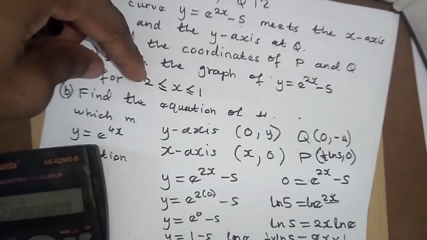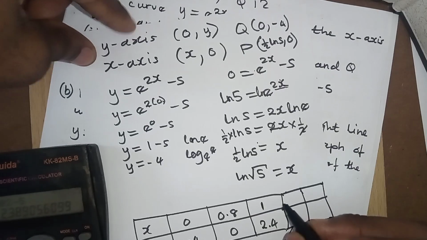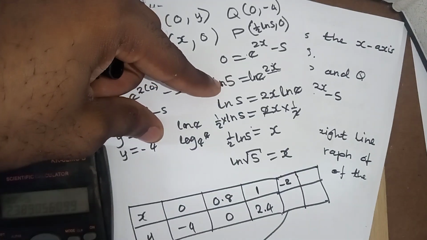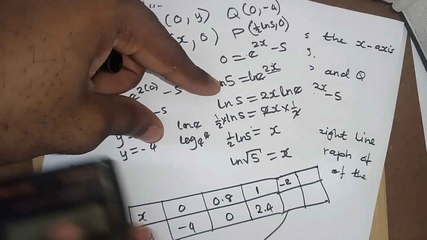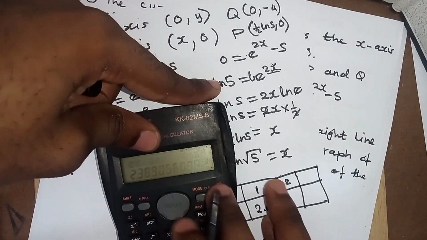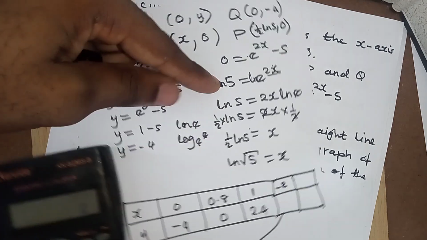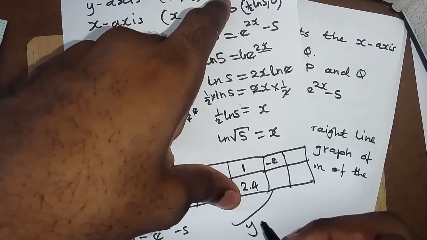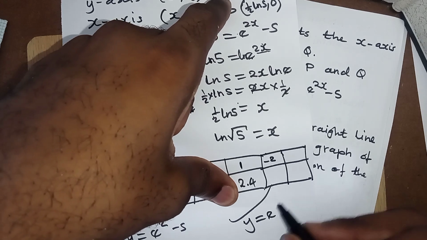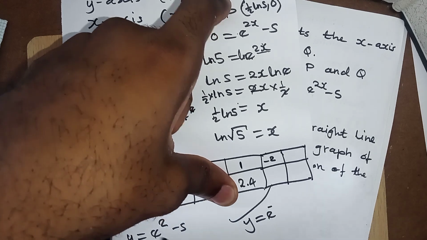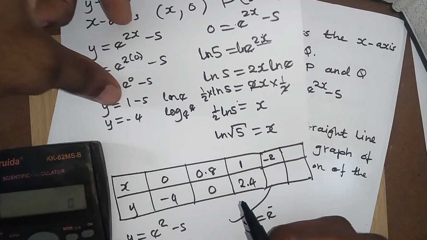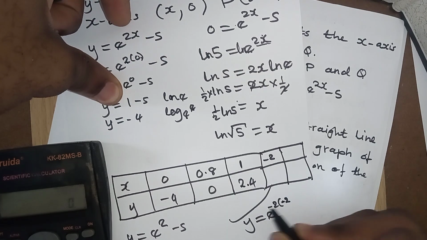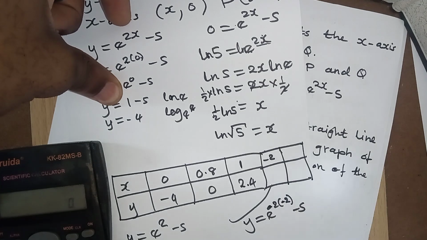So since the domain is from -2, we can try to find the smallest point, which is probably close to -5, probably 4.9 or something. So simplifying this, e to the power negative, so we have 2 multiplied by -2, then minus 5.